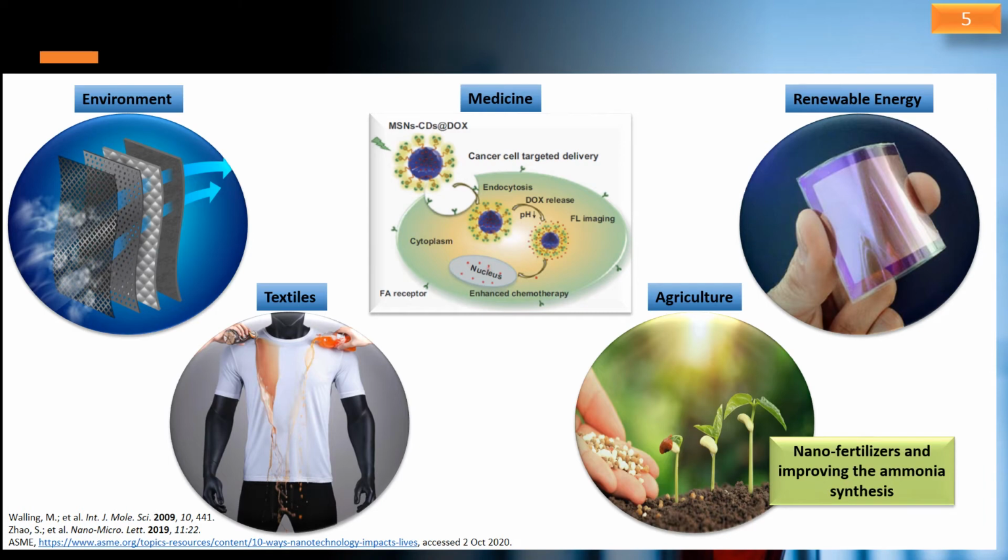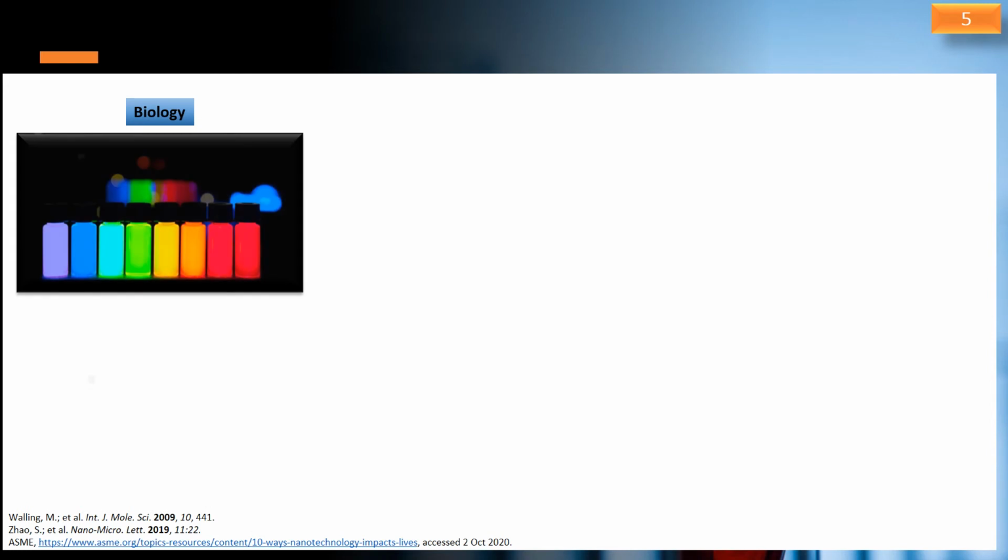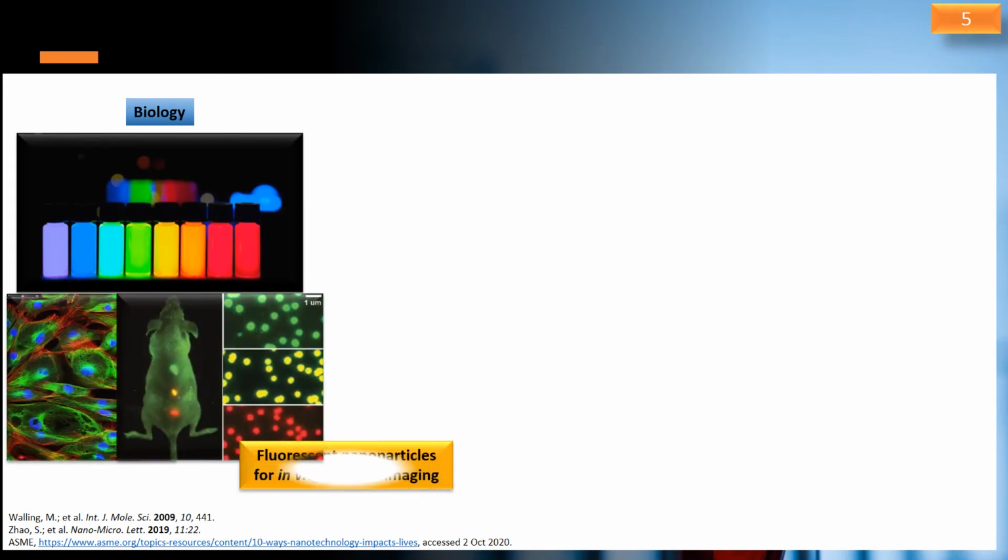Agriculture will see nanofertilizers that are more environmentally friendly than traditional fertilizers, as well as making nanoparticles and nanomaterials for improving the ammonia synthesis. In biology, this is fluorescent nanoparticles for in vitro and in vivo imaging.